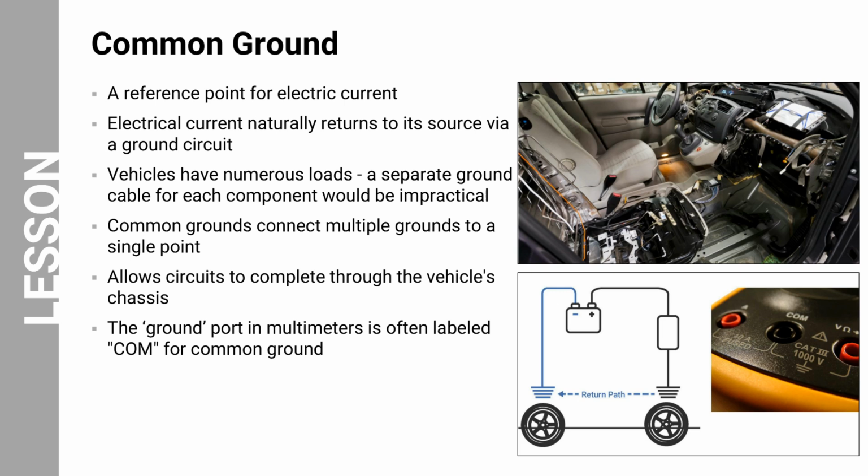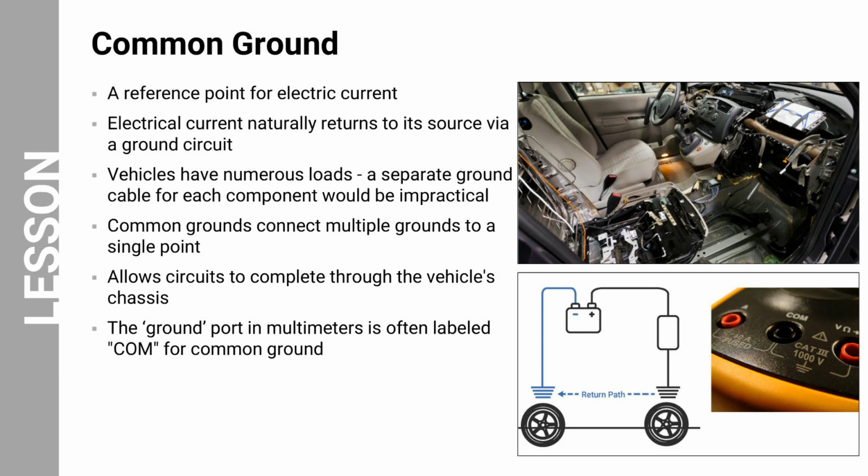A common ground in electrical circuits refers to a shared reference point for all ground connections within a circuit or system. Instead of having separate ground connections for each component or load, a common ground allows multiple ground connections to be connected to a single point. This simplifies the wiring layout and reduces the complexity of the circuit.